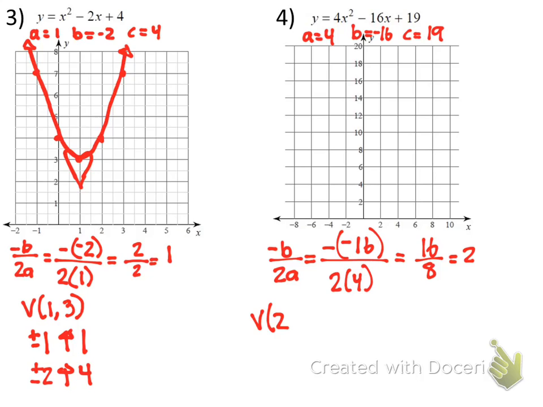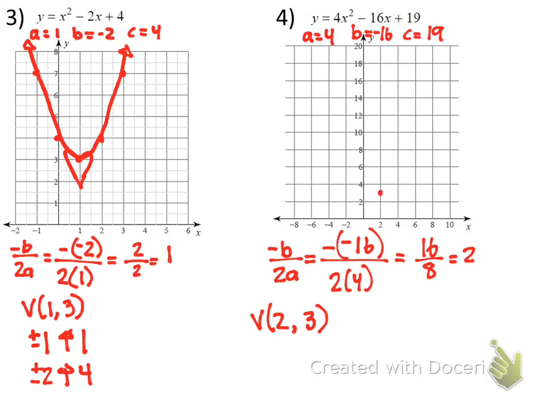What did you say it was? What's 2 squared? 4 times 4? 16. Good. Negative 16 times 2. Negative 32. What's 16 minus 32? Negative 16. Good. Negative 16 plus 19 is? 3. Okay. So our vertex is at 2, 3.